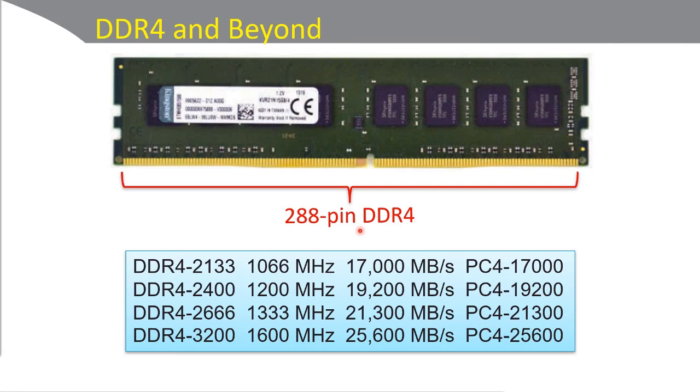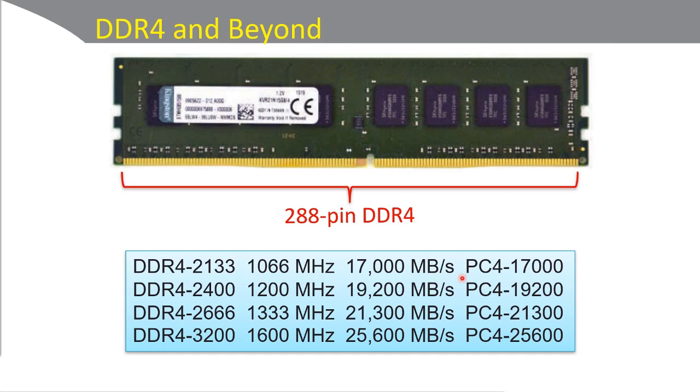So here's a table of typical DDR4 modules. For example, in a previous video, we talked about 4 sticks of DRAM that we installed to a computer, and that was DDR4-2133, which has a peak data transfer rate of 17,000 megabytes per second.